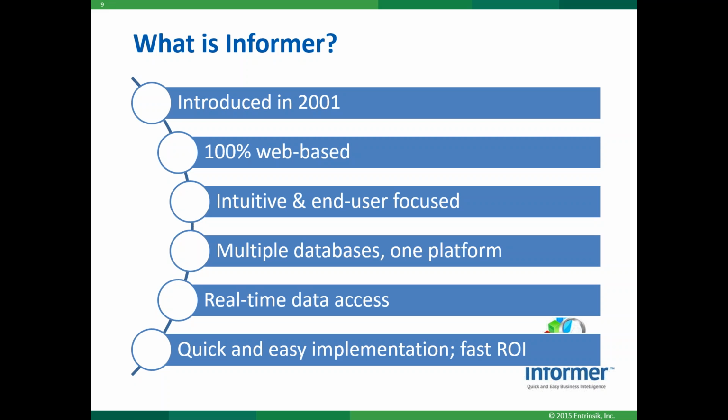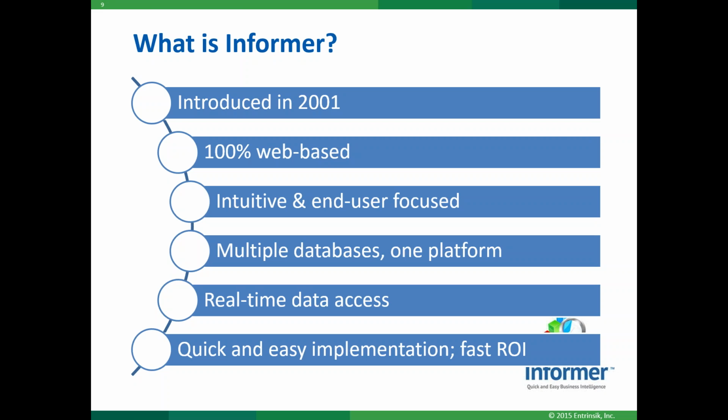So that means I can see what is going on within my organization in near real time. And that's key a lot of times. You need to have those up-to-the-minute data points so you can make quick and informed decisions. And it includes a robust security model that allows me to define what functionality users have within the product, as well as what data they can see, so I can control access on all different fronts.